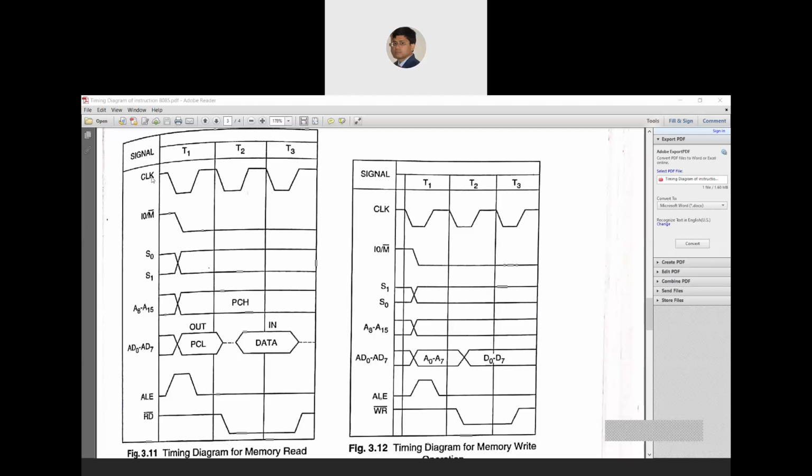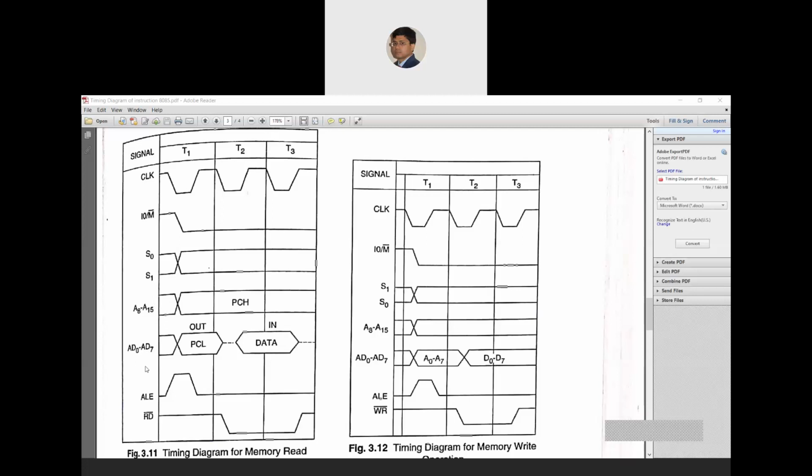According to the signal list, the clock is here, IO/M is here, S1 S0 is here, A15 to A8 is here, AD7 to AD0 is here, ALE is here, RD is here. All the signals related to opcode fetch are the same for memory read also, but their values are changing.